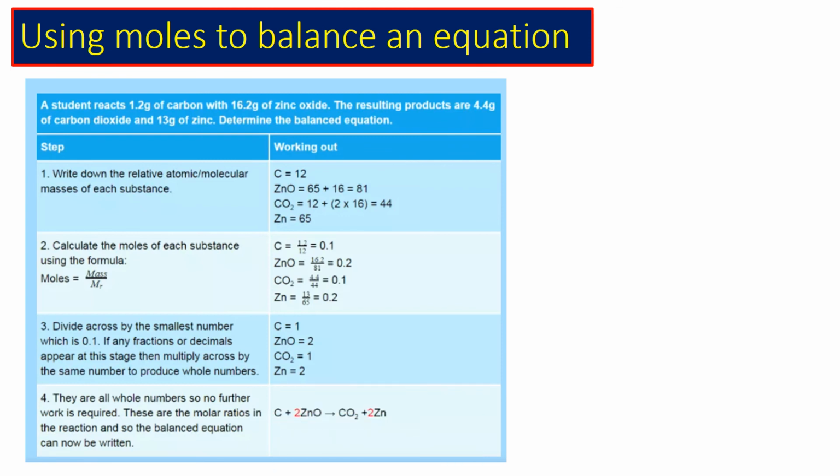So 1 mole of carbon will react with 2 moles of zinc oxide to form 1 mole of carbon dioxide plus 2 moles of zinc. If you want to write the 1 before the carbon and the CO2, that is perfectly acceptable. Etiquette is that we don't need to do that, but sometimes it can be helpful to remind you that there is 1 of that thing there.